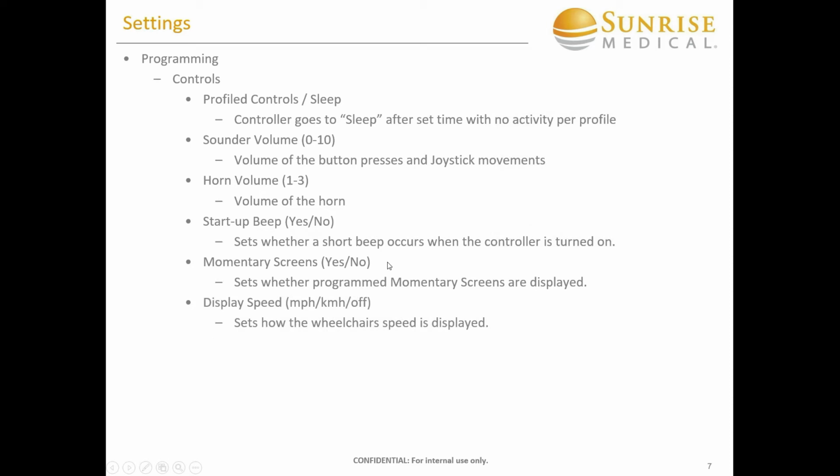Then, depending on the preference of the individual, you can set the speed display to be in miles per hour, kilometers per hour, or simply turn it off. A dealer may just want to turn it off because it's distracting for the end user, and they have that capability through the settings menu.